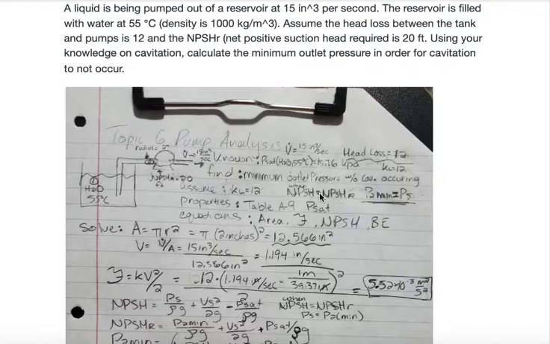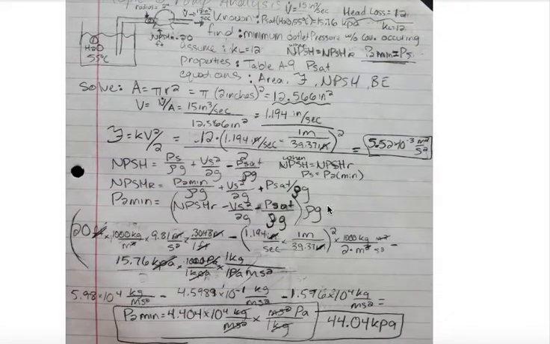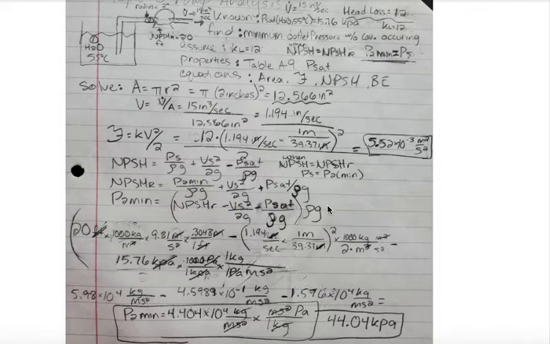We also are given a head loss of 12, and then we could calculate a PSAT at 55 degrees Celsius, which is 15.76 kPa. With all that in mind, we could calculate for area, velocity, and our friction factor. And then when you substitute the net positive suction head required into your net positive suction head equation, you can solve for P2 min. And finally, you get P2 min is 44.04 kPa.